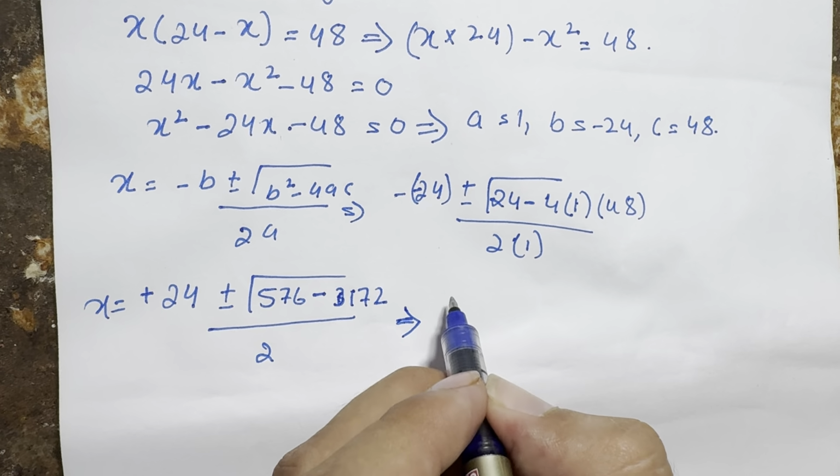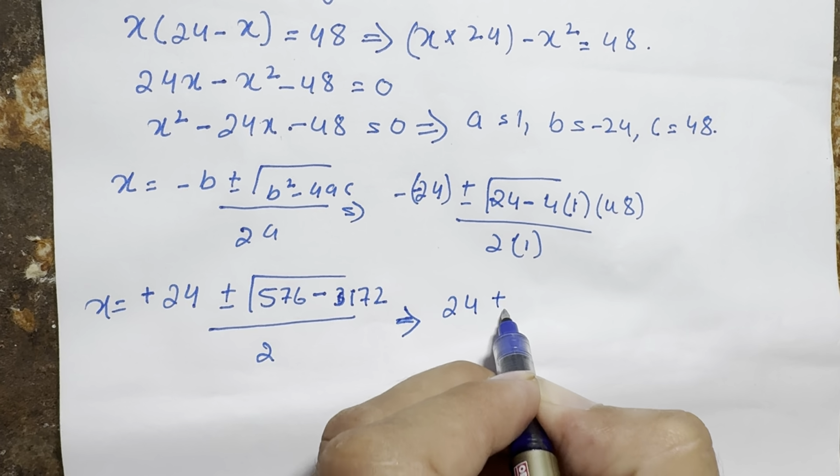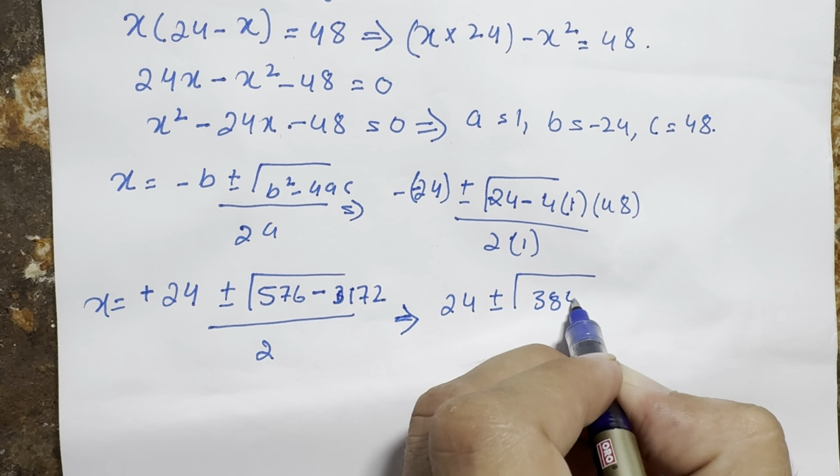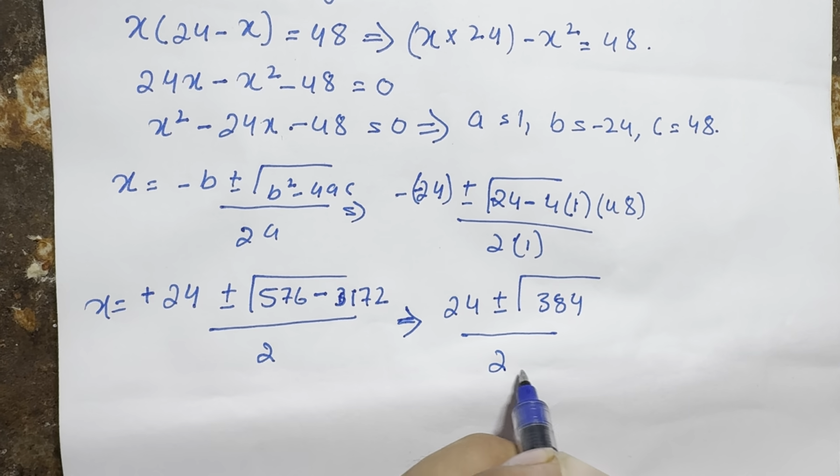Okay, 24 plus minus square root of 384 divided by 2 into 1.